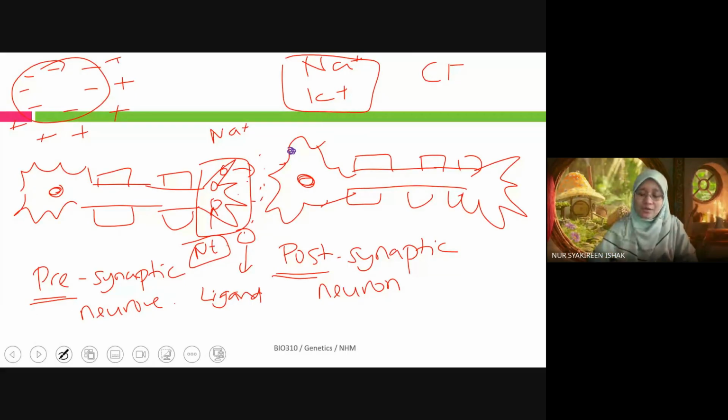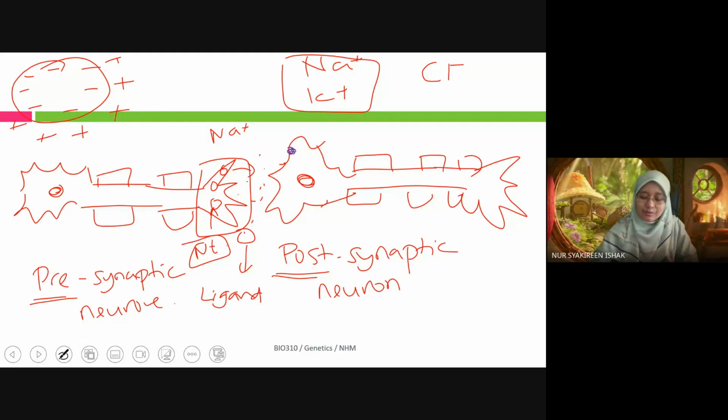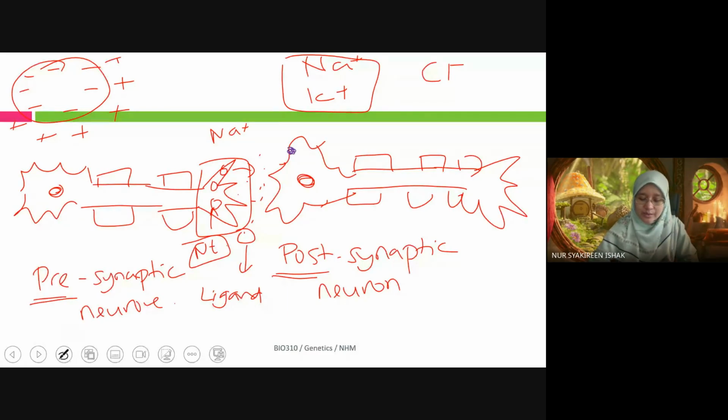So this neurotransmitter, when it is released into the synaptic cleft tu, what is the function? It binds to receptor located on the dendrite of postsynaptic neuron.